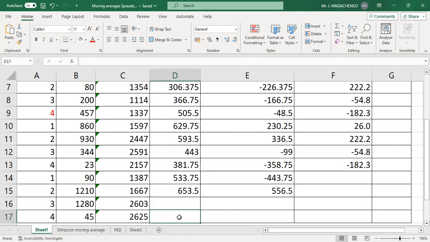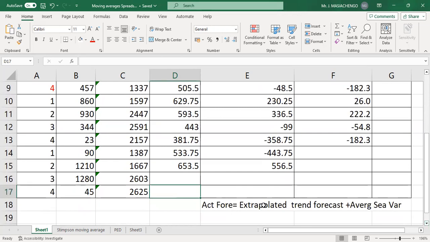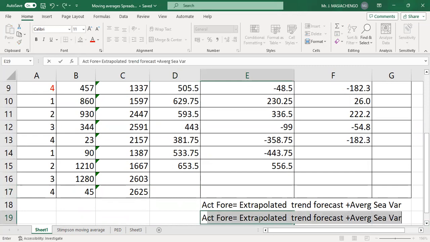Then what do we get in this one? We get what we call a forecast trend. This is our extrapolated forecast trend. Then we add the Q4 average seasonal variation. So let's say we had forecasted that it was going to be, after extending that, 700.